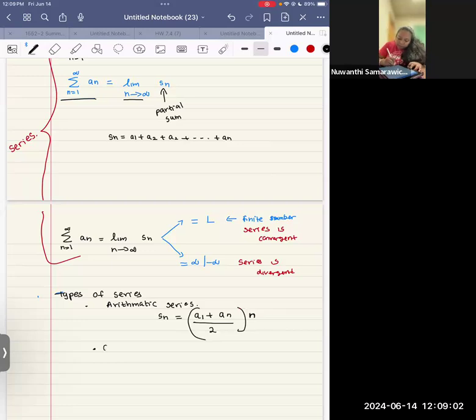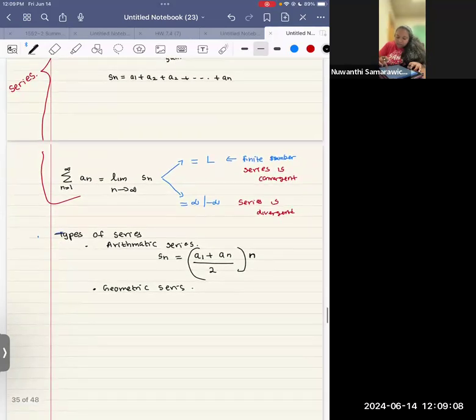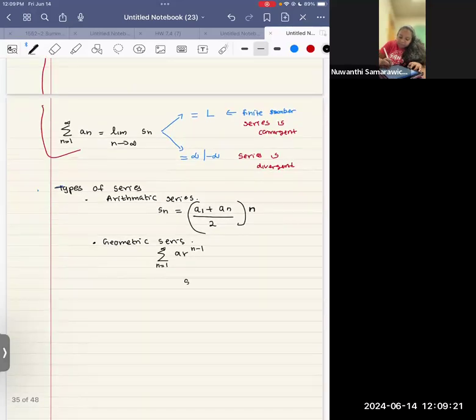And we also mentioned the geometric series. If you have a geometric series like this, the partial sum of a geometric series is... I can't remember it.